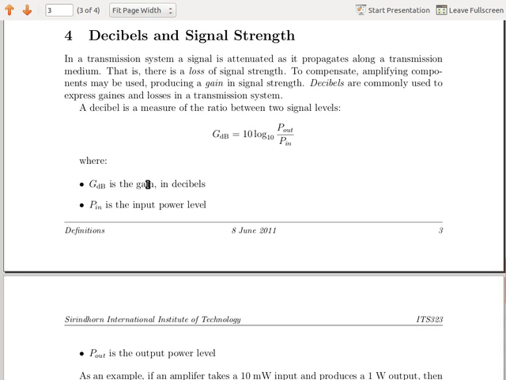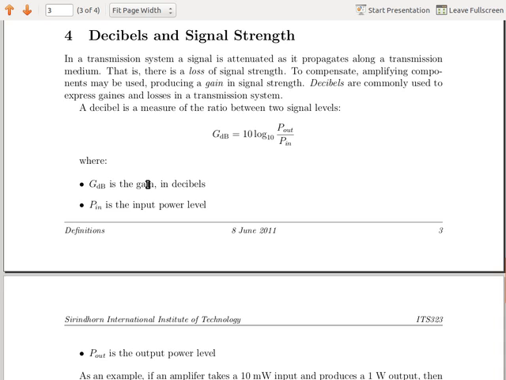So if this is the SNR expressed in decibels, we can find the SNR in the absolute value by solving this equation. 24 equals 10 log 10 SNR, which means 2.4 equals log 10 SNR. Why 2.4?